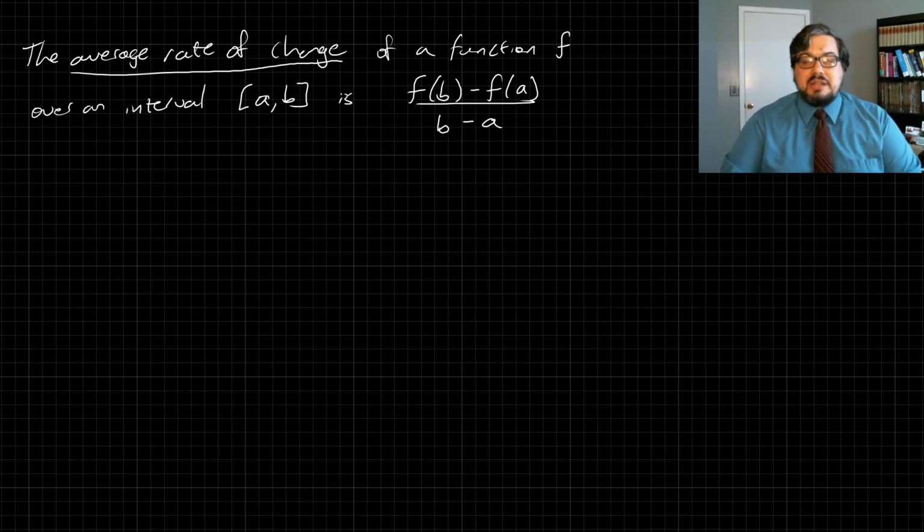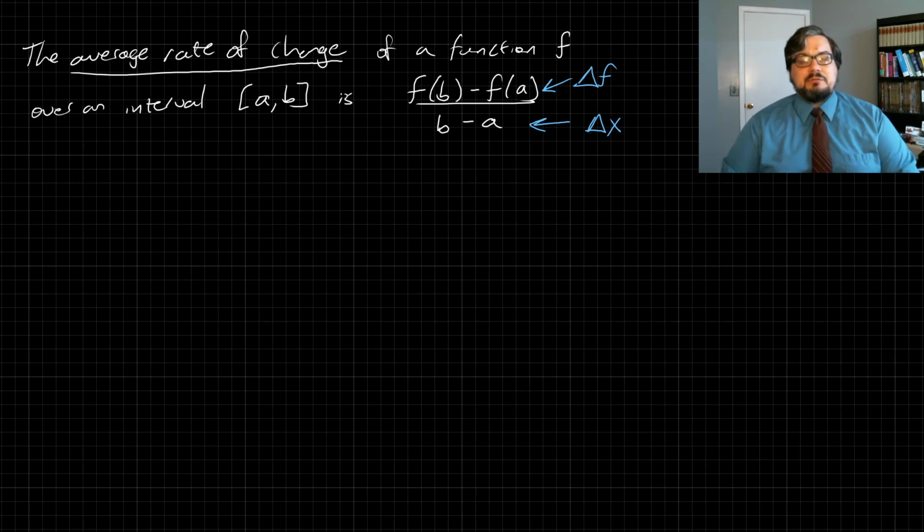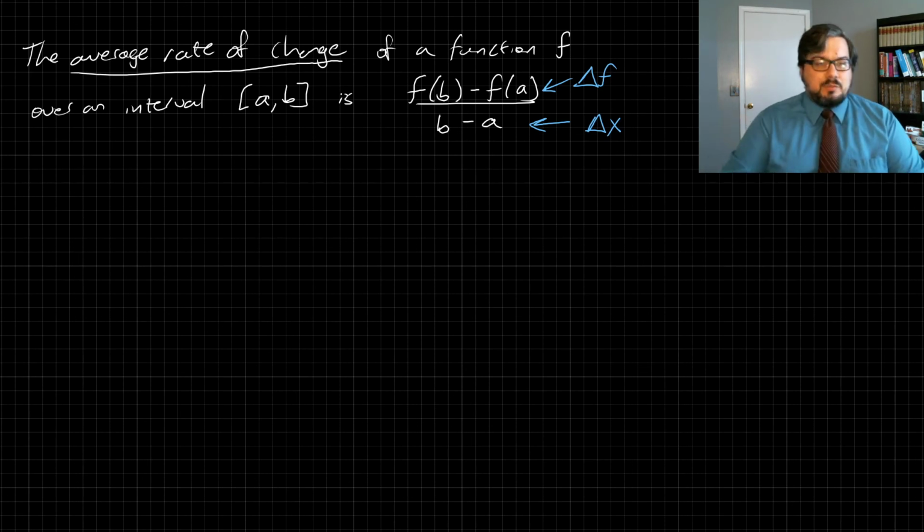And the change in f, which we could write as delta f, is just the difference in the outputs of f. And then the change in the inputs, which I will write as delta x, is just b minus a. This is very abstract the way I've written it. Let's look at a specific example to see what's going on, and then we'll see what the connection is between this and slopes.